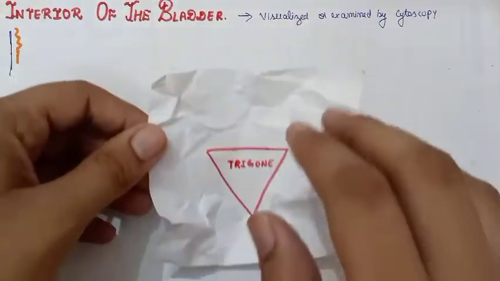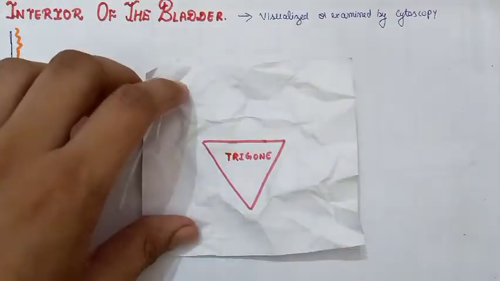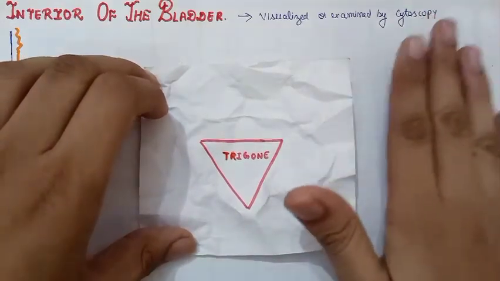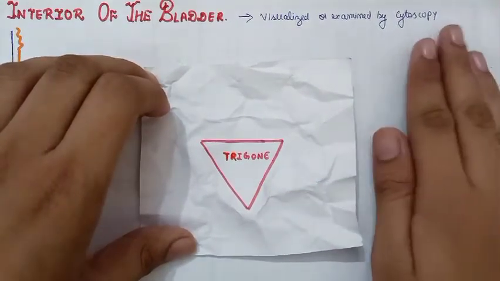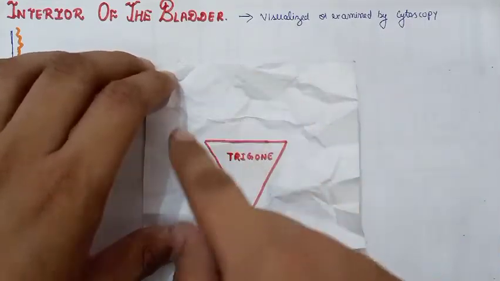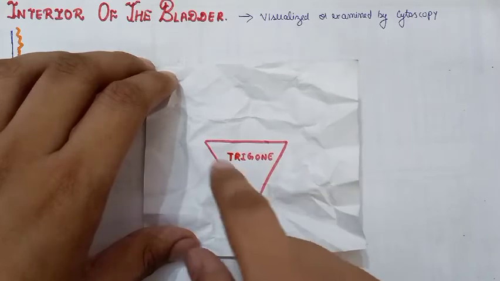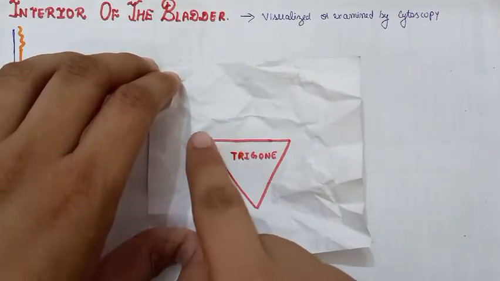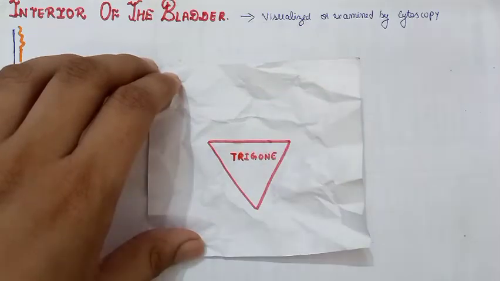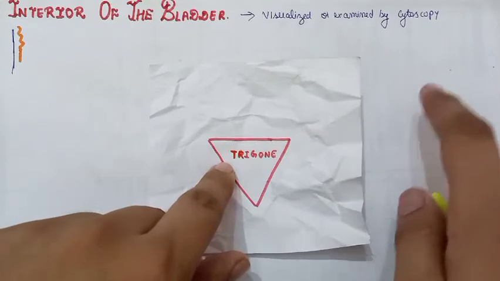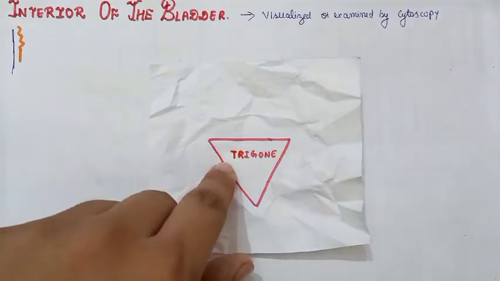Just take out the interior aspect of the posterior part of the base of the bladder. Suppose this is the base, this posterior part, and these are the mucosal folds. You can see the mucosal folds everywhere except the triangular region, in which the apex points downwards and the base points superiorly. Here it is firmly adherent to the background, that is, the muscular coat.